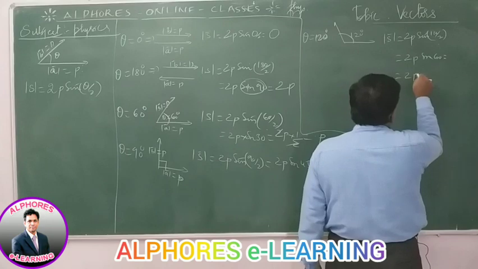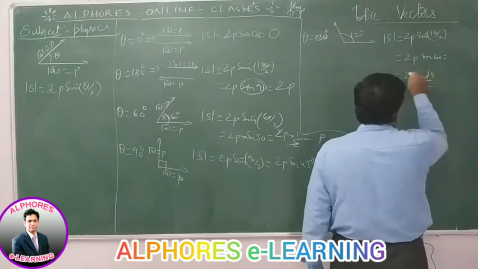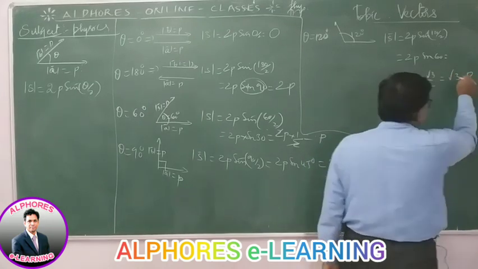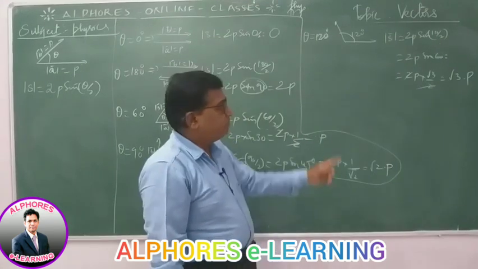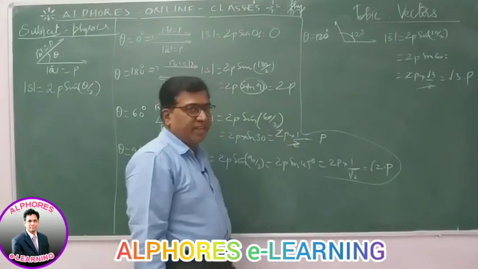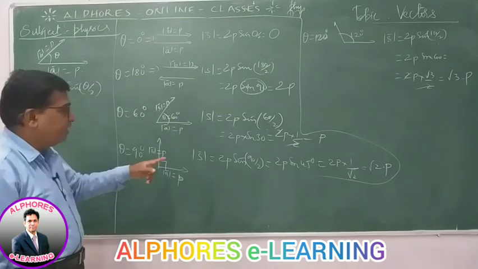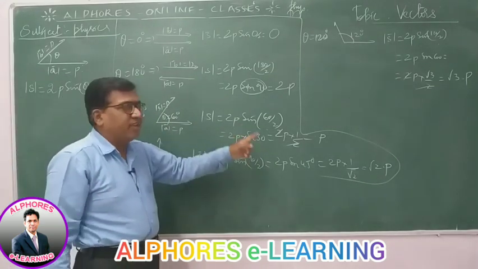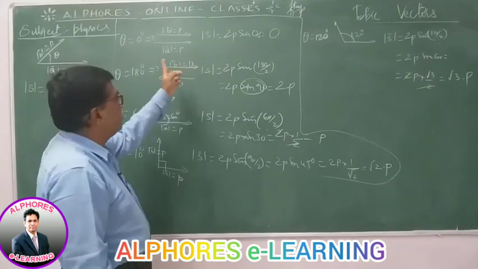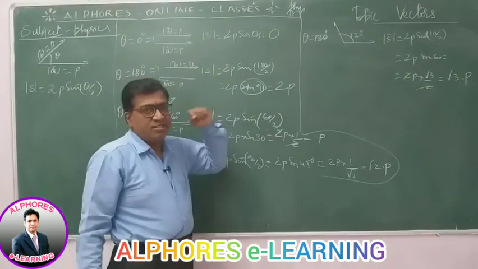Sin 60 is root 3 by 2, so I'll get it as root 3p. So the magnitude is root 3p there. At 120 degrees, root 3p; at 90, root 2p; at 60, it is p; when theta is 0, it is 0p; and at 180, it is 2p.